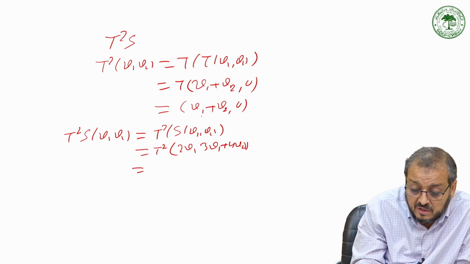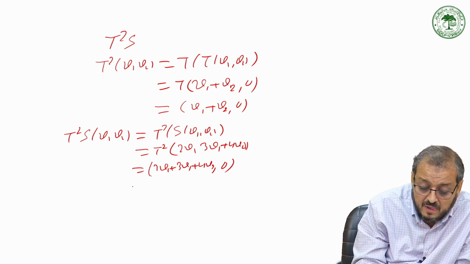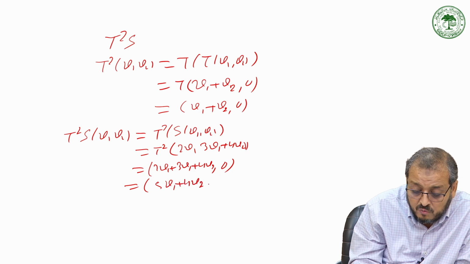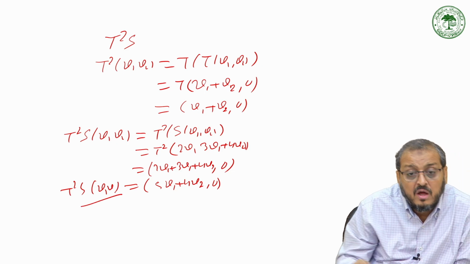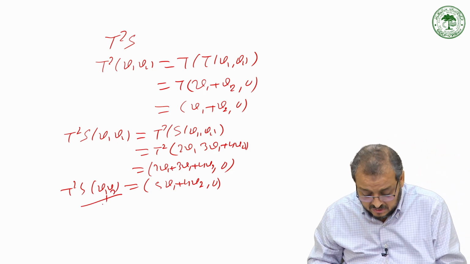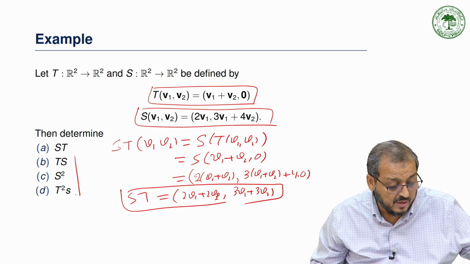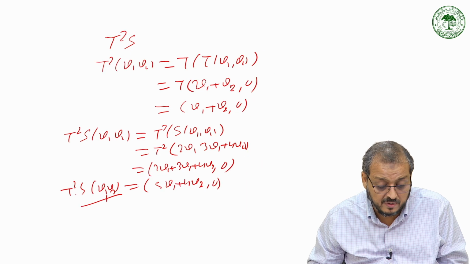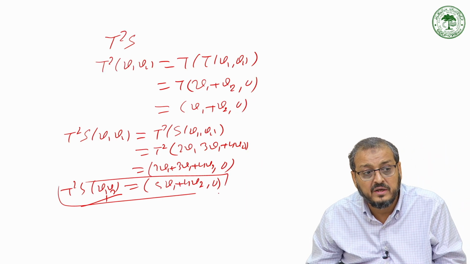Then this is (2V1 plus 3V1 plus 4V2, 0), which is (5V1 plus 4V2, 0). This completes the solution, and all these properties we had to calculate here.